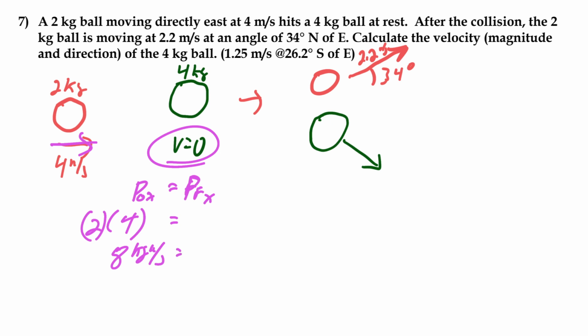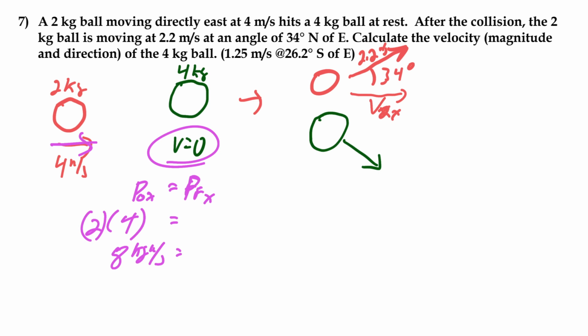Okay, and then after the collision, notice that the red one is at an angle, so it has some velocity this way. I'm just going to simply call it Vx. Maybe we'll call it V2x just to signify that's the 2 kilogram ball.